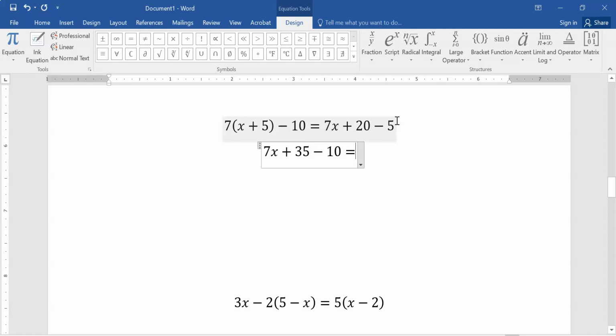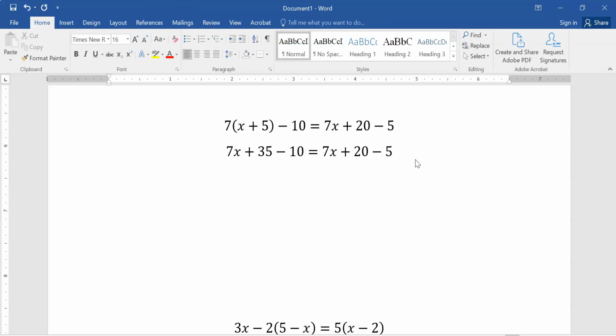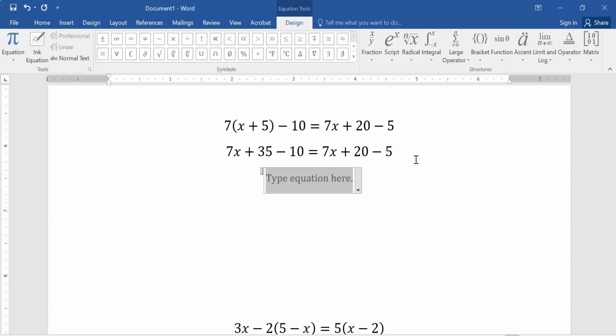There's really no parentheses to distribute on the right-hand side, so I'm just going to write 7x plus 20 minus 5 in that step. All right, so no parentheses to distribute. However, on both the left and the right-hand side, there are like terms.